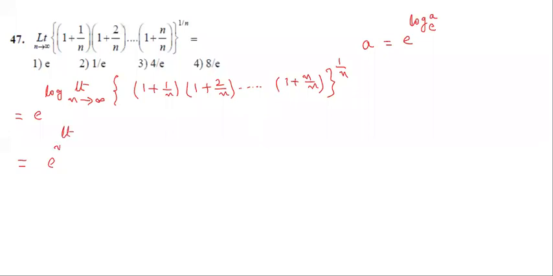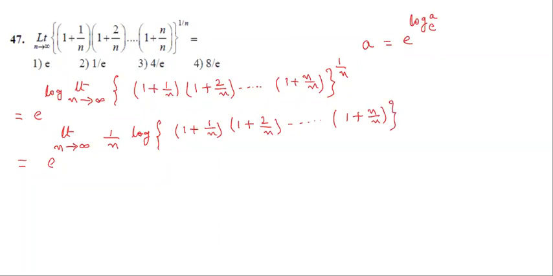Limit n tends to infinite 1 by n logarithm of 1 plus 1 by n into 1 plus 2 by n and so on 1 plus n by n. And this is log a, b, c, d, like that. Log a, b formula. Log a plus log b now.